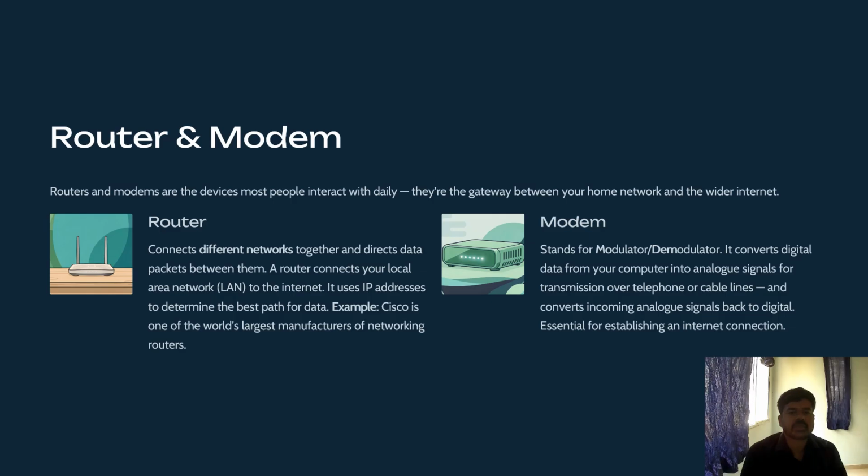Without modem, we can't convert the signals, which is necessary in data communication because the computer sends the data in digital form, then modem converts it into analog signal, and then the carriers transport these signals to the destination.